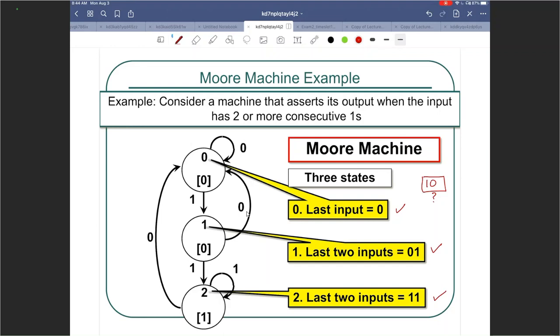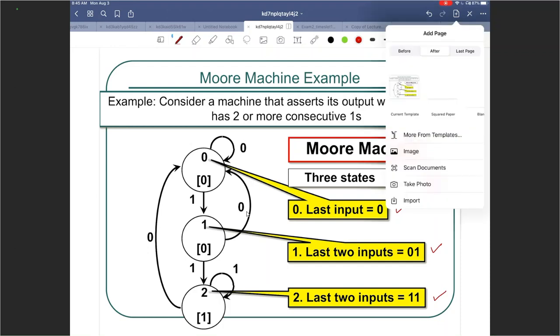Why are we not interested in making 1, 0 a state? Let us have a discussion on that.